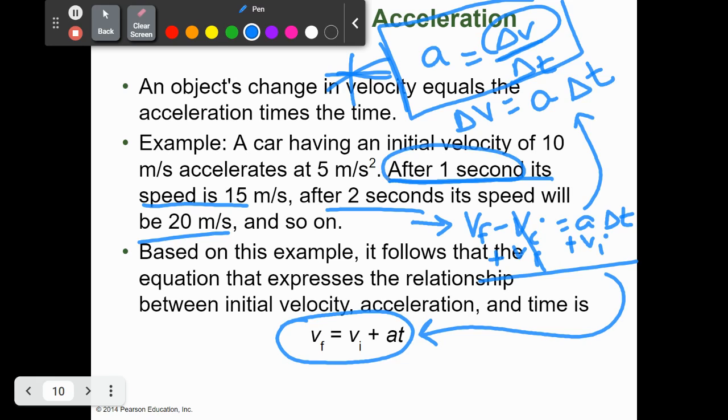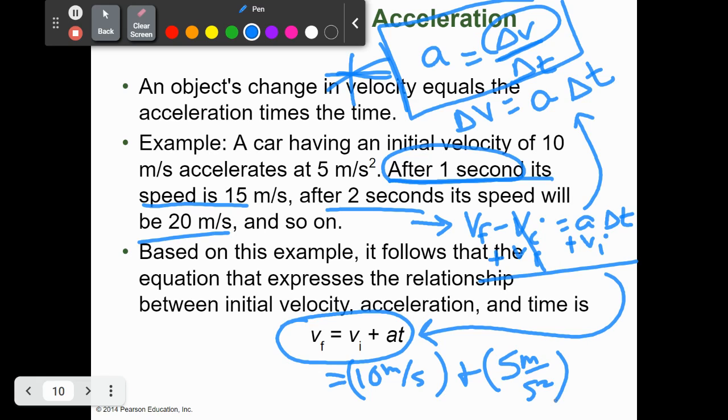So let's plug into this and see. So if our car has an initial velocity of 10 meters per second, I would put in 10 meters per second for VI. Our acceleration is 5 meters per second squared. And they want to know what's the final velocity after 1 second.